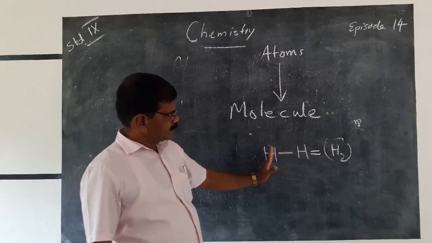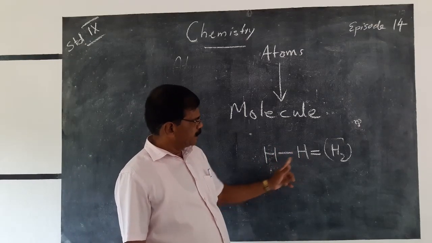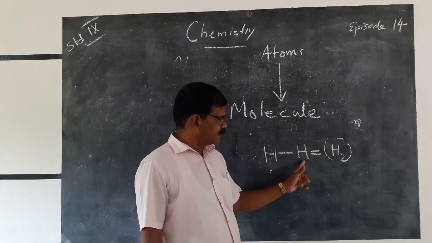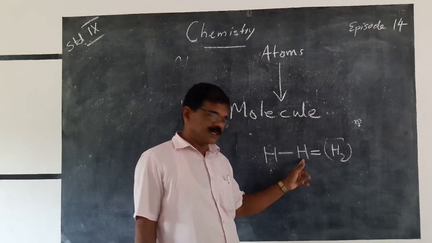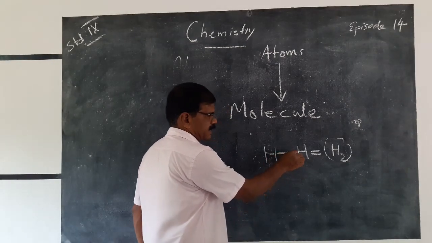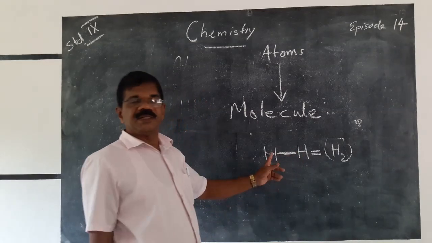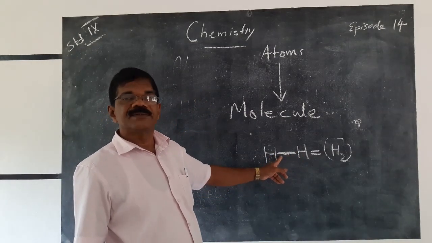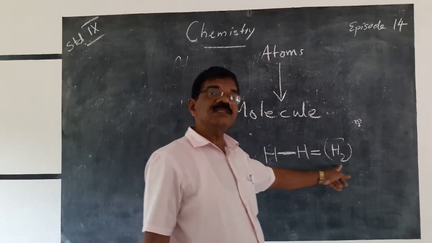This hydrogen molecule is a group of two hydrogen atoms, and they are chemically bound. There is a bond, a link, between the two hydrogen atoms. Then a hydrogen molecule is produced.